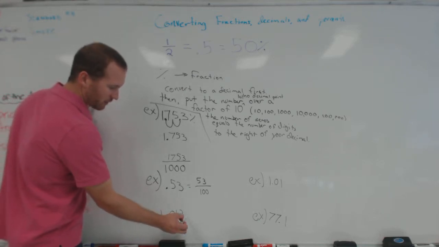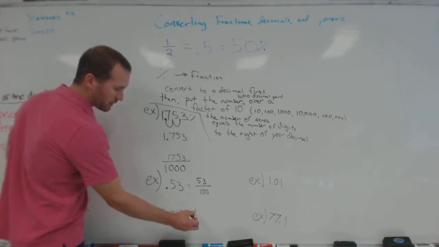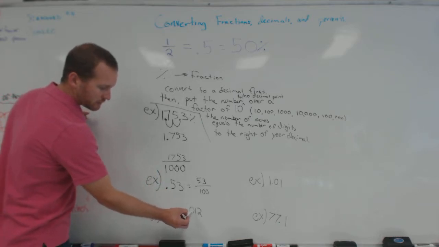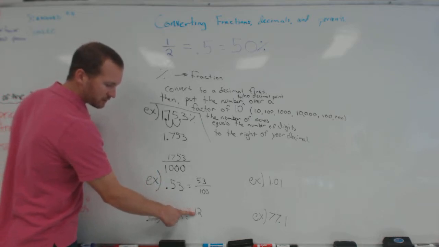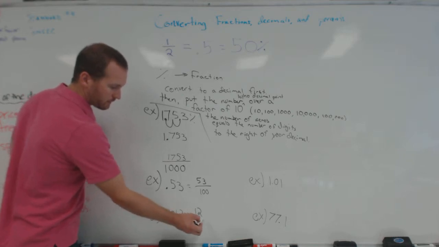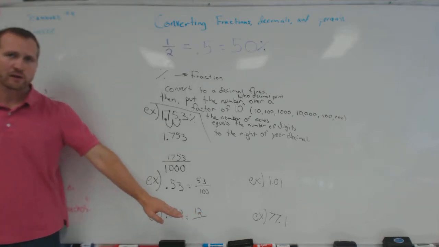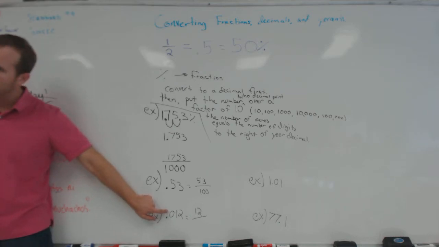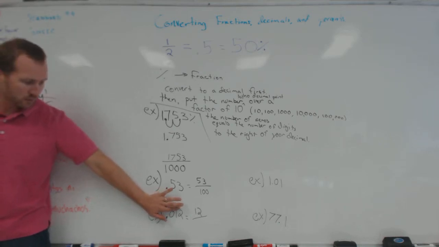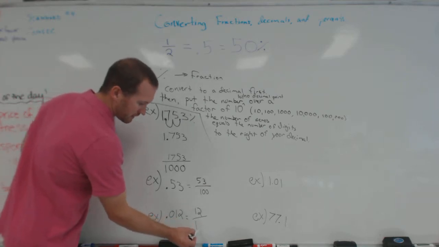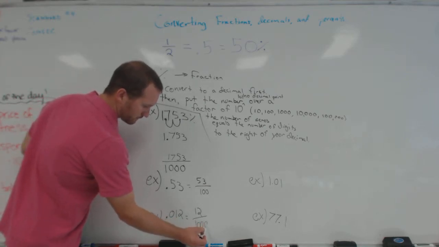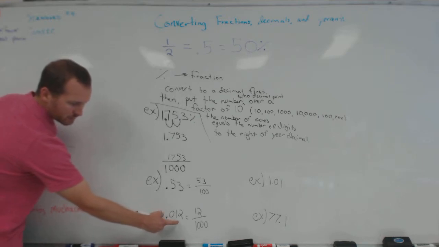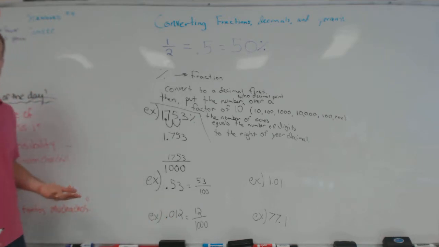Okay, this number, I'm just going to write it with no decimals. And I don't need to write a 0 in front of this. 12 is the same as 012. But when I'm figuring out what goes in the denominator, I have to count this 0. So 1, 2, 3, these are thousandths. 1, 2, 3 zeros, because I had 1, 2, 3 numbers to the right of the decimal.